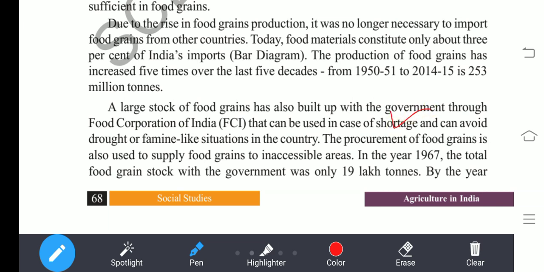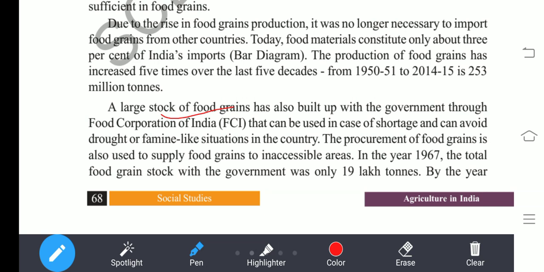When there is a chance of a shortage, the government releases food grains from FCI. In India, sometimes there may be drought, sometimes famines. So whenever we face drought and famine situations, the government releases food grains into that area through FCI.